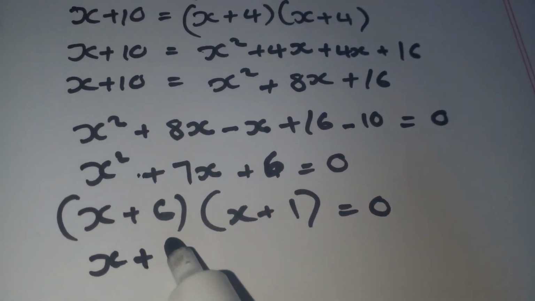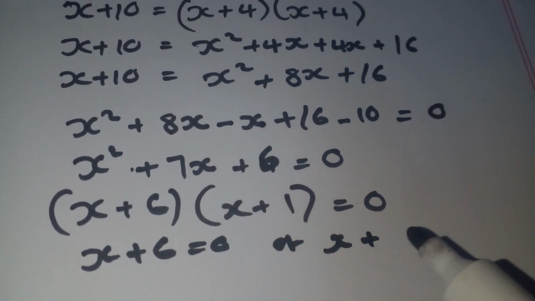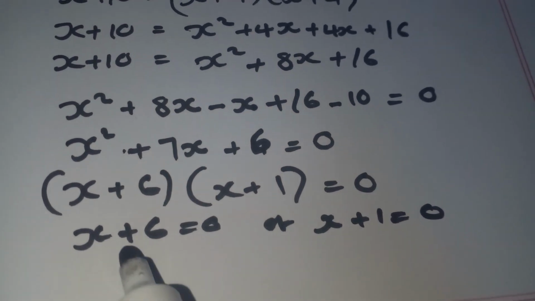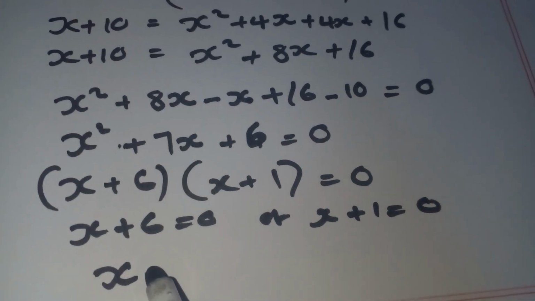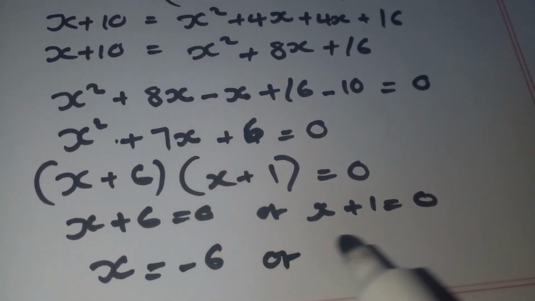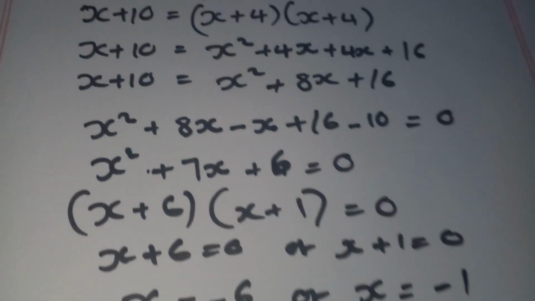So that means x plus 6 is equal to 0, or x plus 1 is equal to 0. Then to solve for x here, since 6 is positive on this side, taking it to the other side is going to be negative. So x is equal to negative 6, or x is equal to negative 1.